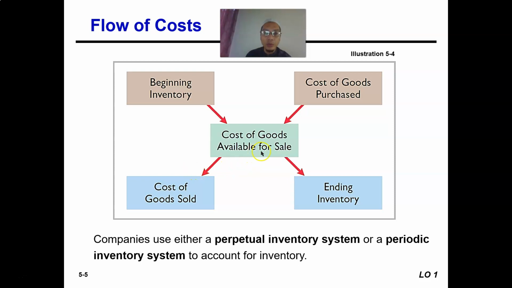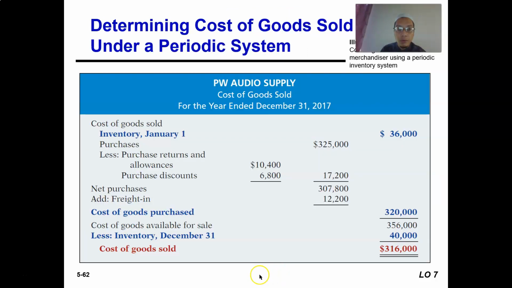So we need to take away the ending inventory from the cost of goods available for sale. The balance is the cost of goods sold. That is why we need to do the calculation that we have shown in the other slide. Like we've seen in the diagram, that's how we come up with these calculations.